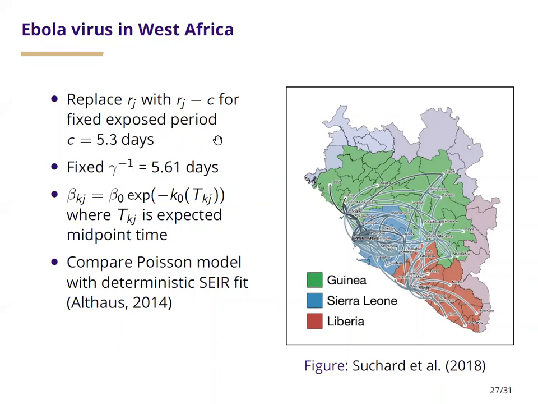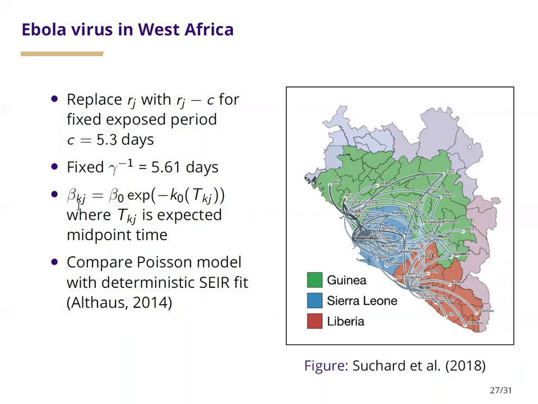So we'll replace those values everywhere in our formulas. In this analysis, I also used a fixed removal rate, gamma. And I should say that these fixed values, c and gamma, are coming from a comparison study from Althaus 2014.